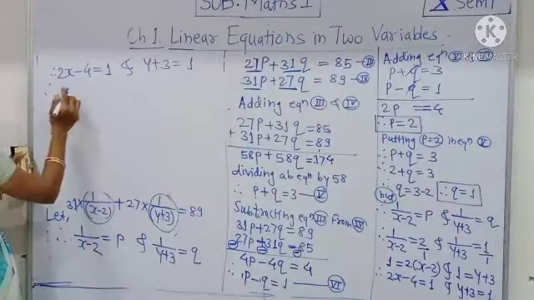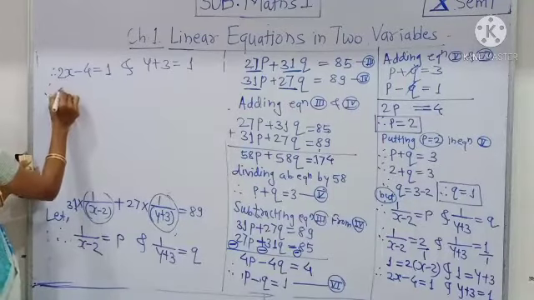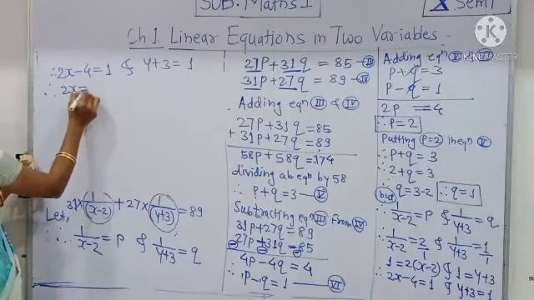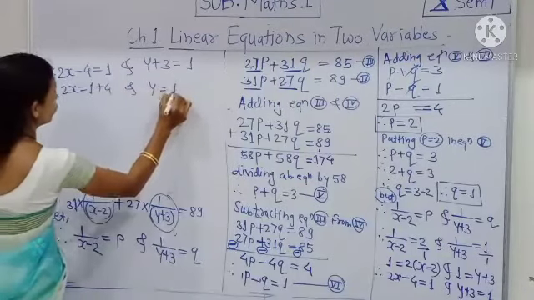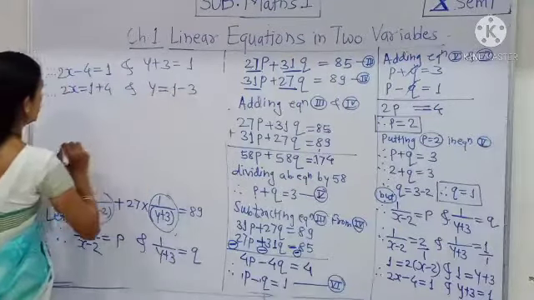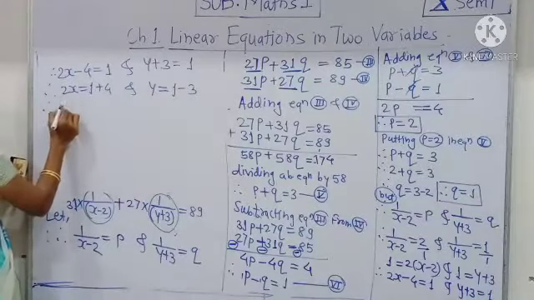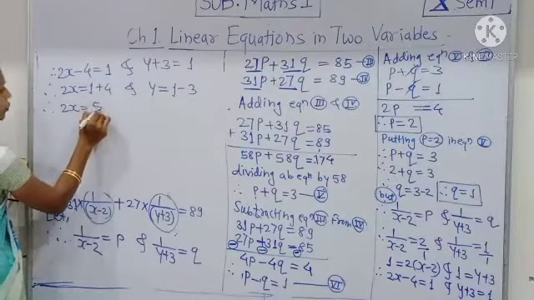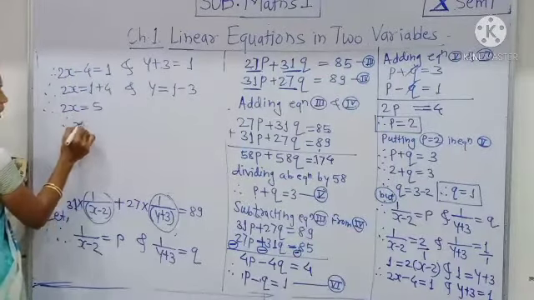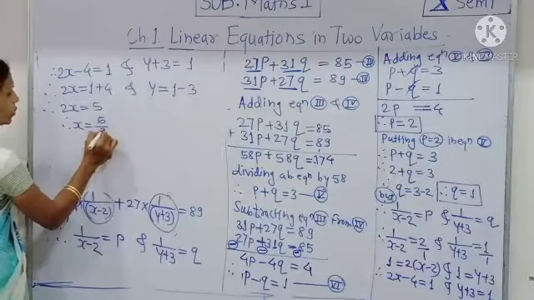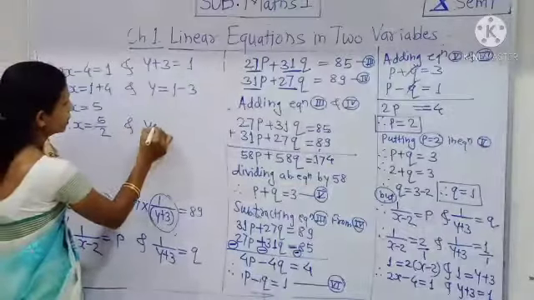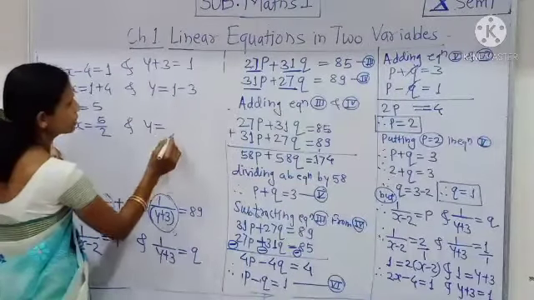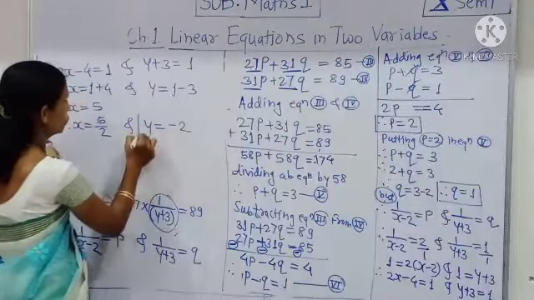Then solving these equations, see here, 2x is equals to 1 plus 4 and y is equals to 1 minus 3. Therefore, 2x is equals to 5. Therefore, x is equals to 5 upon 2. And y is equals to 1 minus 3, that is minus 2.